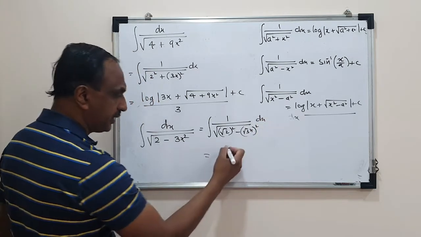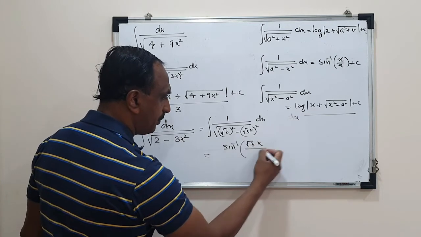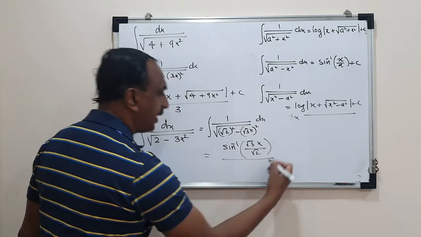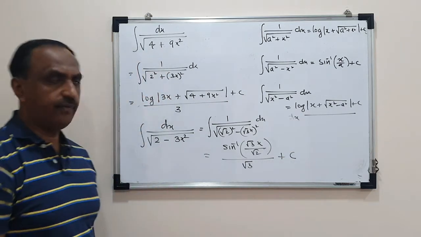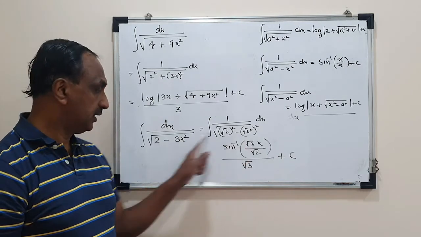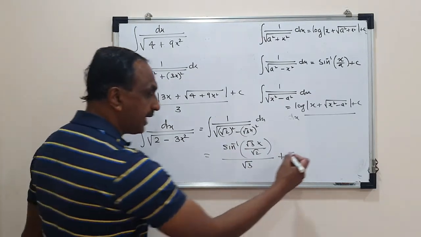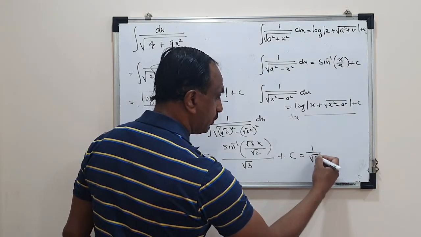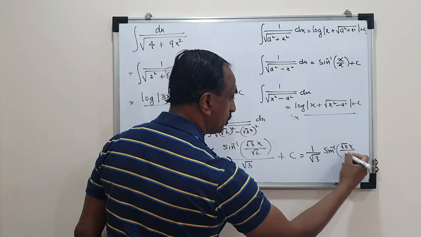So my answer would be sine inverse x, which is root 3x upon root 2, divided by the coefficient of x, root 3, plus c. Whenever x has a coefficient, you need to divide by the coefficient of x. It is not 3, it is root 3 that is the coefficient of x. You may write your final answer as 1 by root 3 sine inverse root 3x by root 2 plus c.